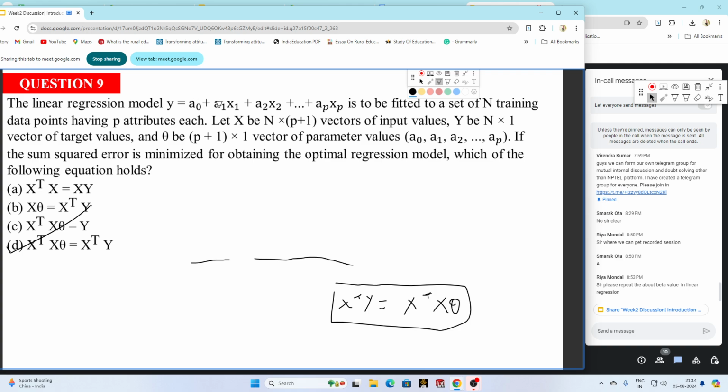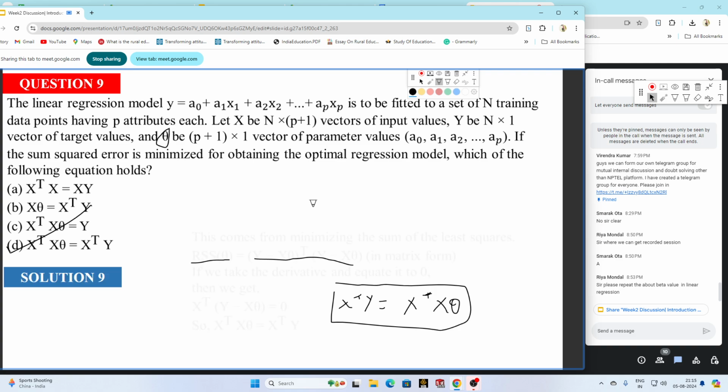We discussed beta naught, beta 1, beta 2, etc.; they use a naught, a1, a2, etc. We called the vector beta, but here they call the vector of a naught, a1, a2, ap theta.